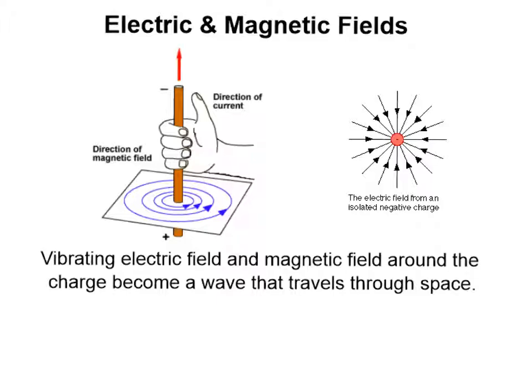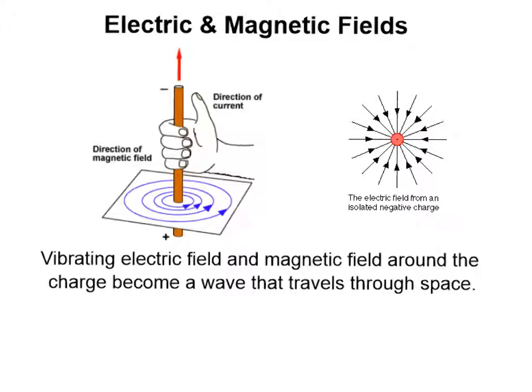Well, if we think about an electric charge, here's just a single electron. Let's say this is vibrating or having motion, such as in this current. If we pick out one of the electrons from that current running through the wire, and we look at that individual electron, as that vibrates, the electric field around it changes. And that changing electric field generates a magnetic field.